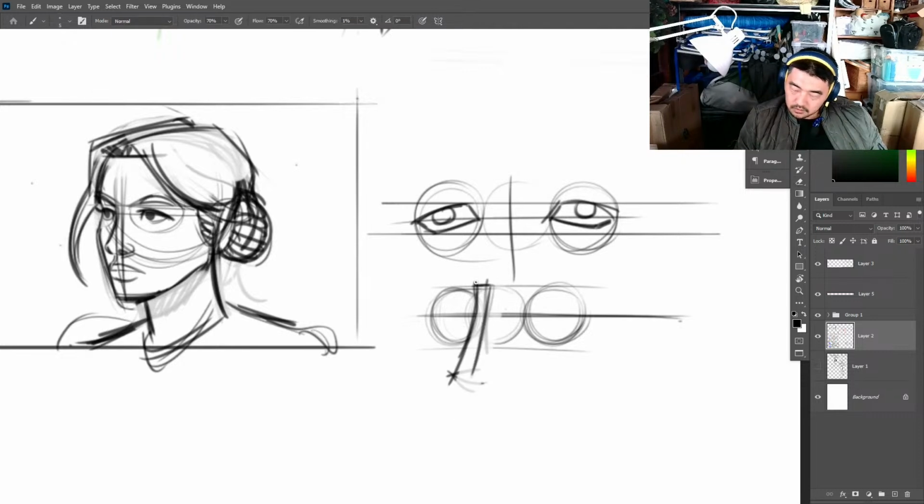Here's your nose. We'll make the nose like this little wedge thing. And then I go like this, and right here, under this, you gotta find that apex somewhere.